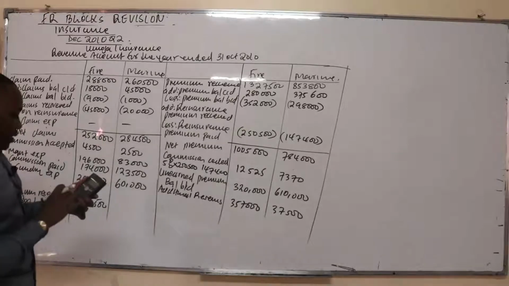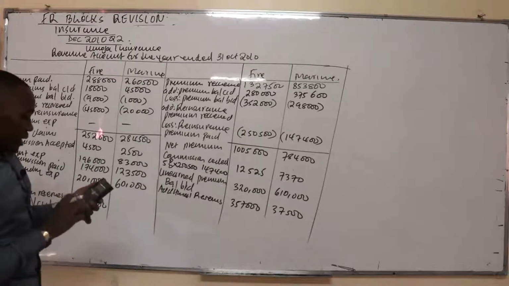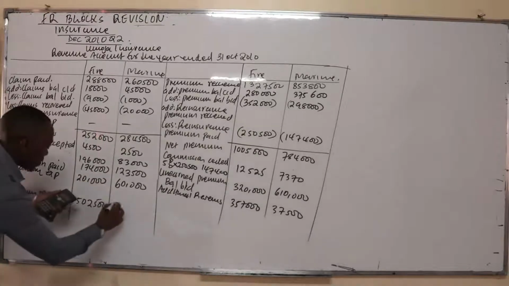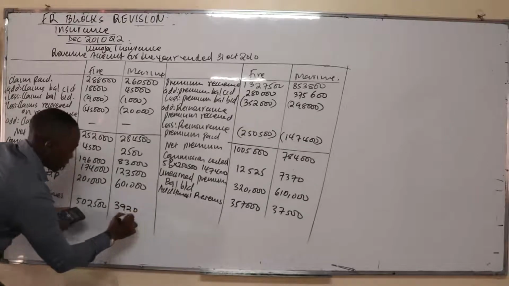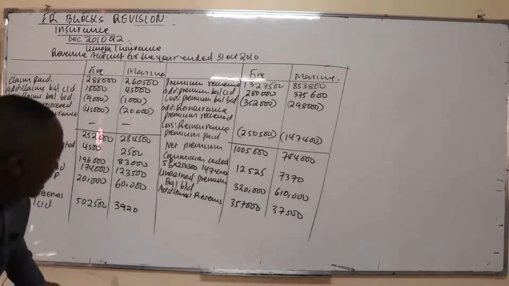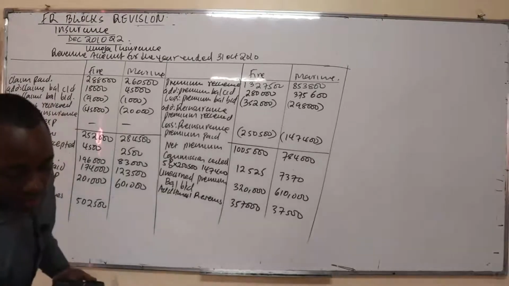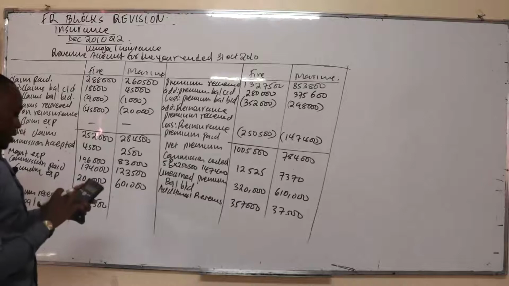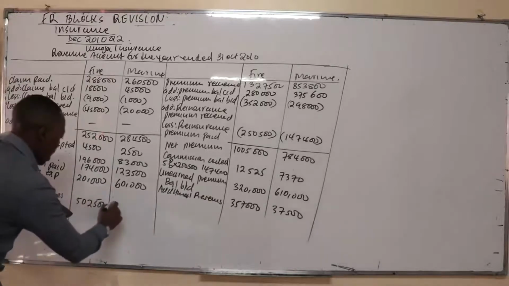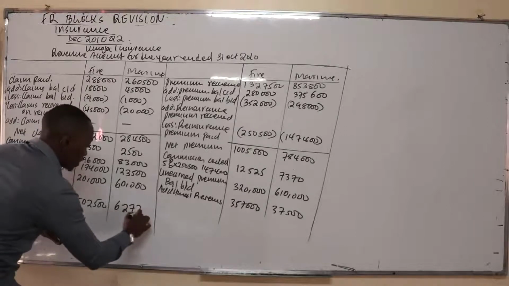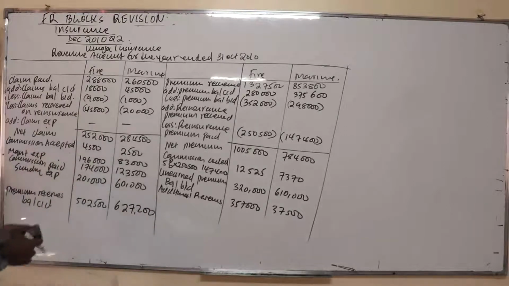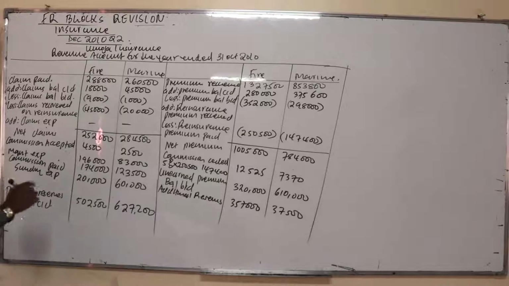Then the other one is 784,000. Sorry, this one was supposed to be maintained at 80%, not 50%. So therefore, it will be 784,000 times 0.8, and you have 627,200.